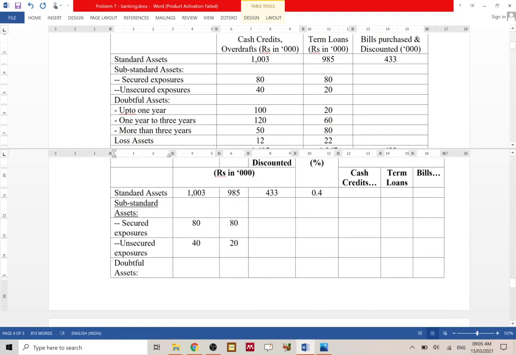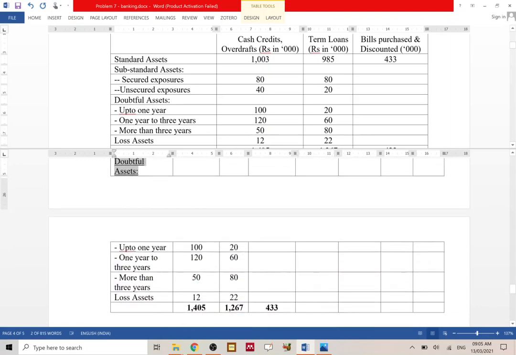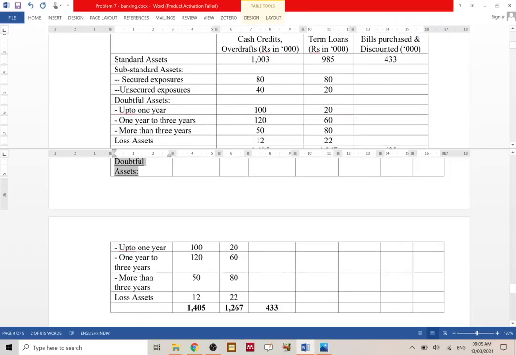Then doubtful assets, let's look at the rates for doubtful assets. If it is unsecured, it is 100, and if it is secured, it is 25, 40, 100, if it is 1 year, 3 years, more than 3 years.